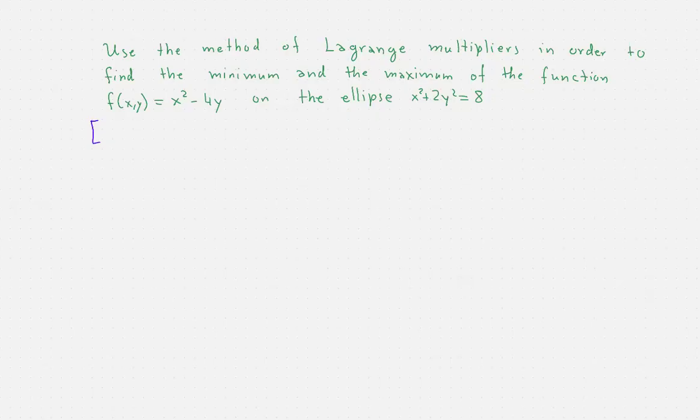Basically, we're working on a curve in this particular situation defined by a constraint function, which, as you will see, we will need to define here. And we wish to find the critical points for the objective function f of x, y. This is the function that we wish to minimize and maximize.